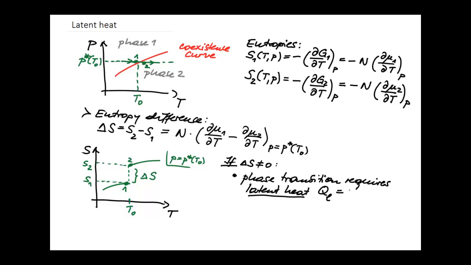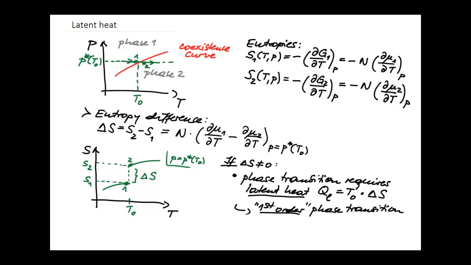And this equals the temperature at which the transition occurs times this discrete change in entropy, delta S. And whenever you have a phase transition that requires latent heat, so that involves a discontinuous change in entropy, then this is called a first order phase transition.